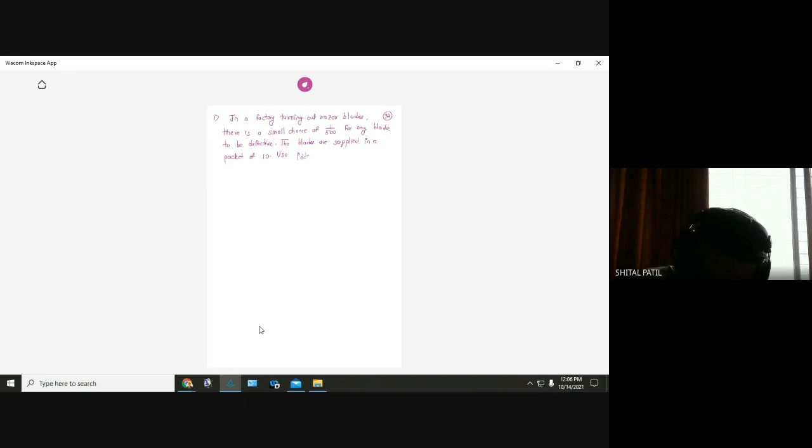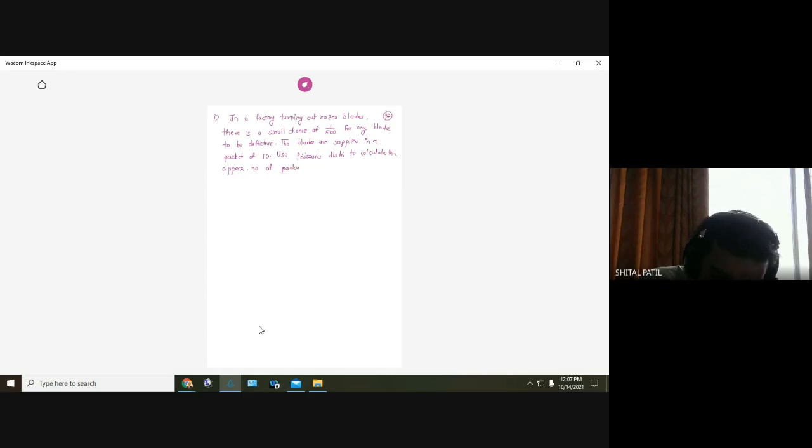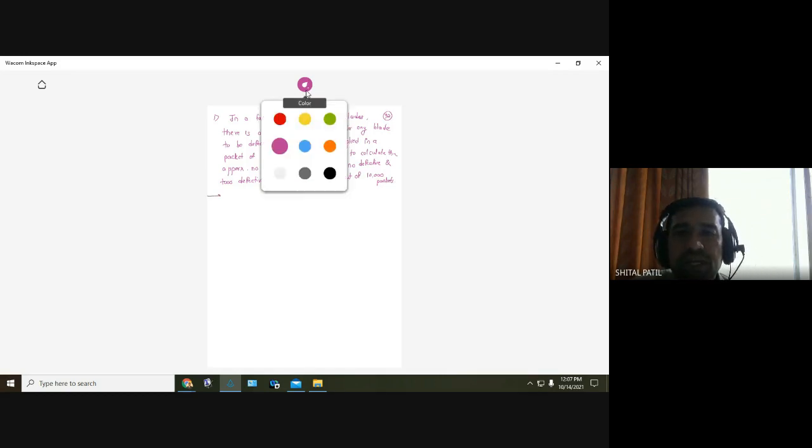Use Poisson's distribution to calculate the approximate number of packets containing no defective blades, two parts are there, and two defective blades in a consignment of 10,000 packets. Consignment of 10,000 packets. Okay, no problem.